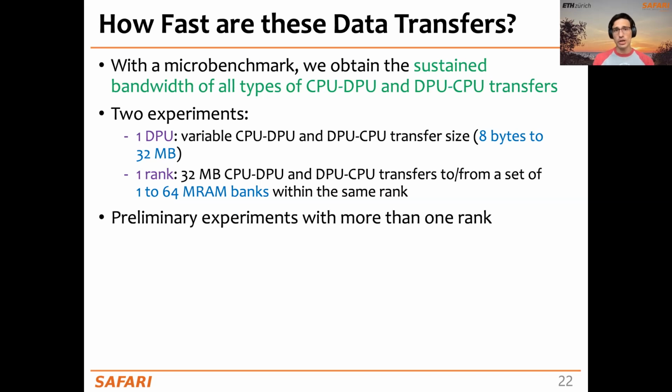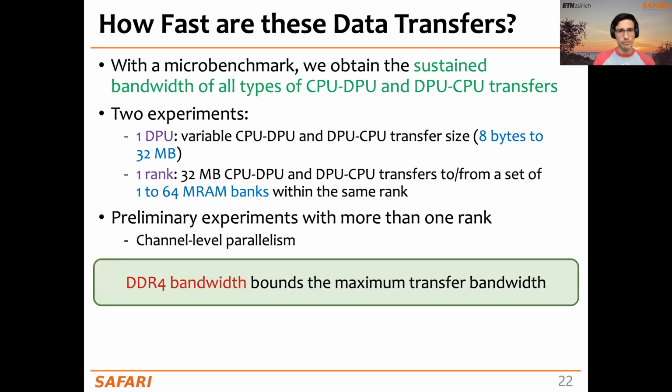We also ran some preliminary experiments with more than one rank, and what we observe is that in this case it's possible to exploit channel-level parallelism. Remember that the PIM-enabled DIMMs are connected to the host processor using several memory controllers and several channels, and that's the channel-level parallelism that we can exploit when we target more than one rank in our data transfers.